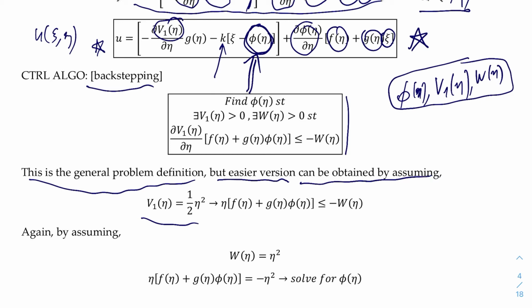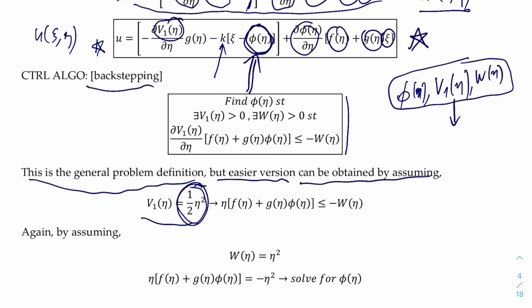You need to find these three terms, but for backstepping control, you can just assume v1 of eta as this, a typical one-half eta squared, a typical Lyapunov quadratic term.